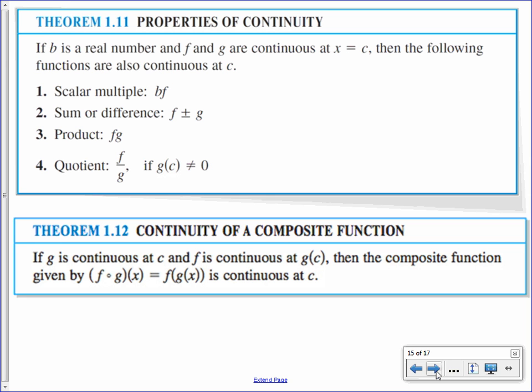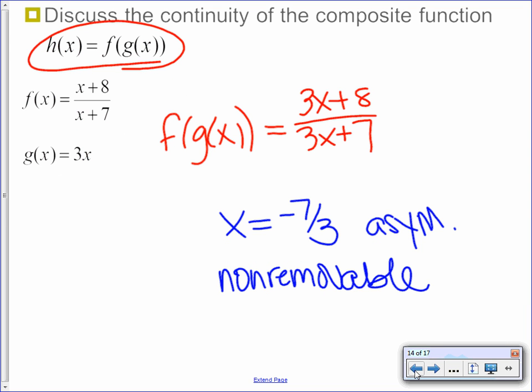Question. Can you go to the previous page? Say G of X equals X plus 8 over X plus 7, and F of X equals 3X, and you still have H of X equals F of G of X. How would you do that?